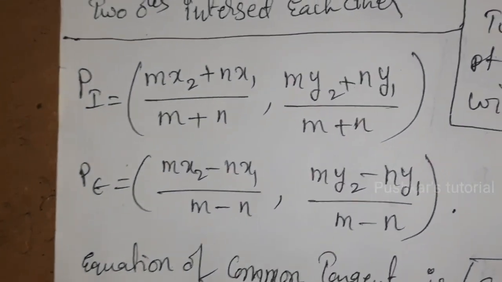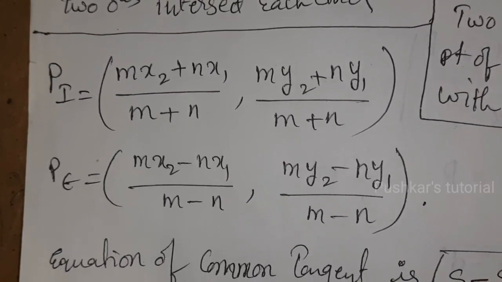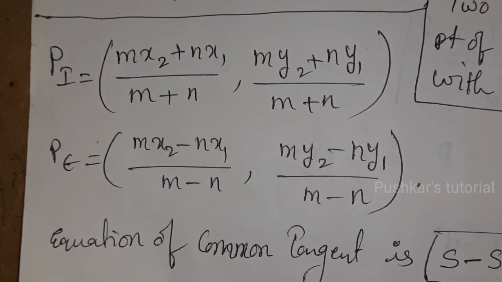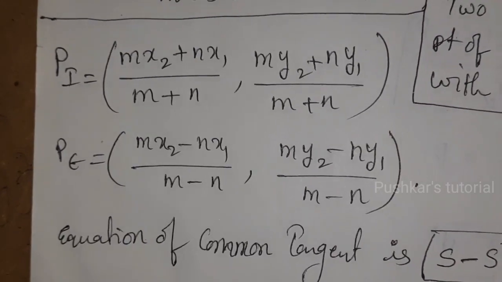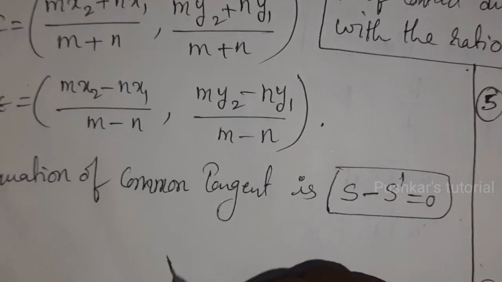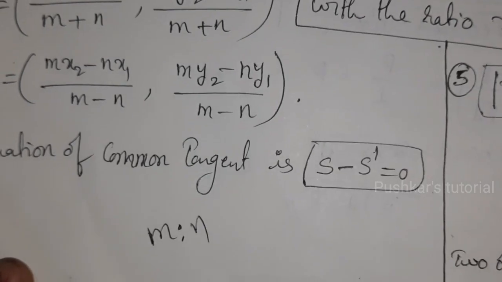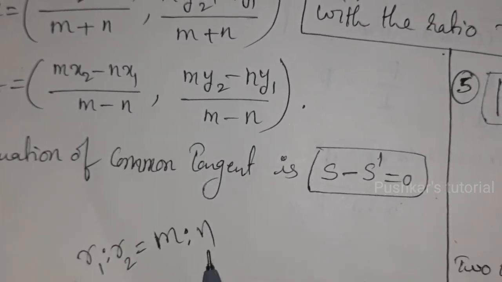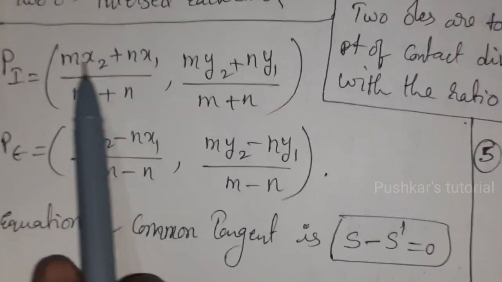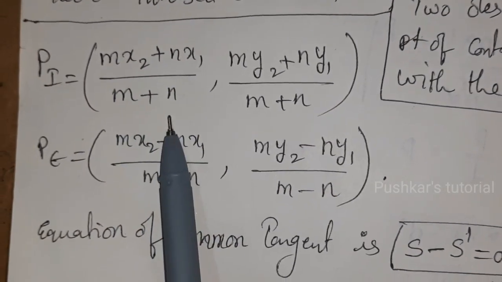Next, we are discussing internal and external division. In 10th class you have the m1 is to m2 formula, but in higher education we use the m:n concept. So instead of R1:R2 we take m:n. The formula is (mx2 plus nx1) by (m plus n).